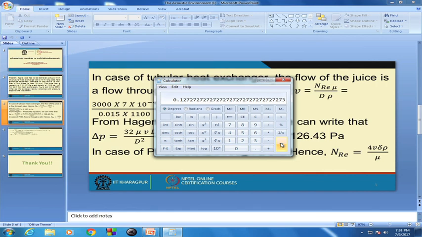So, the velocity through the tubular heat exchanger is 0.127 meter per second, right?